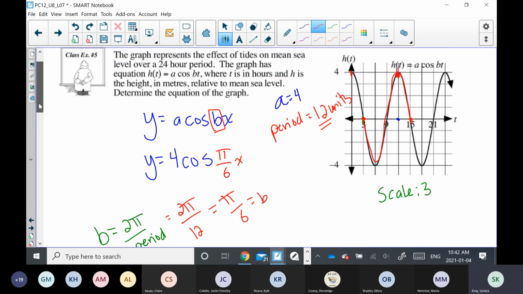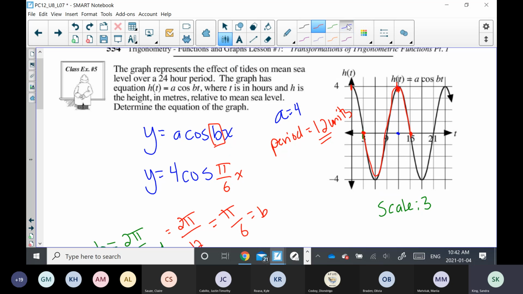But now what we have to do, because this is a real life scenario, this is the height of the tide at any given time. So we've got to change our y to be exactly what they want it to be: the height of the tide at any given time. It's 4 cos. Our b value is pi over 6.